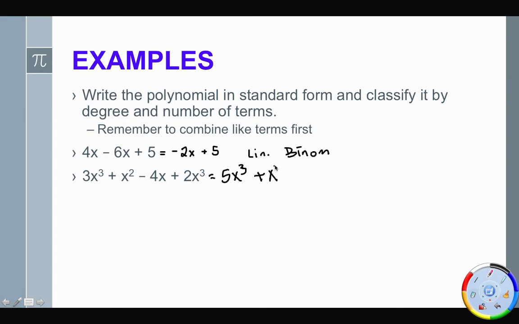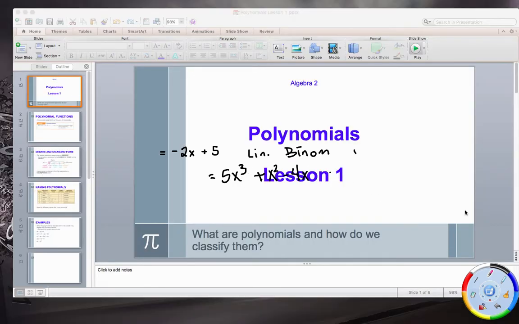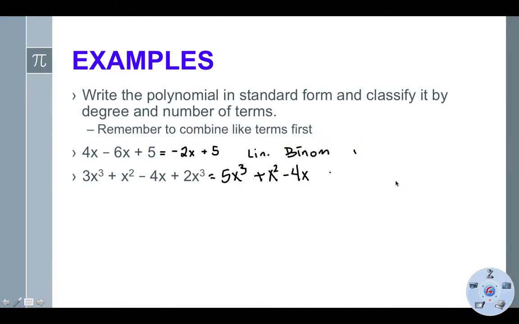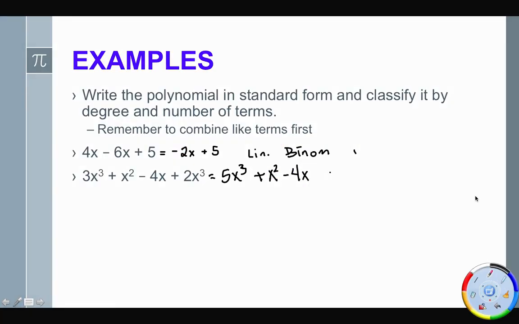Followed by the x squared, and followed by minus 4x. And now I look, actually this is in standard form because it's 3, 2, 1. The highest degree is a 3. And therefore it is a cubic. It has 3 terms, and therefore it is a trinomial.